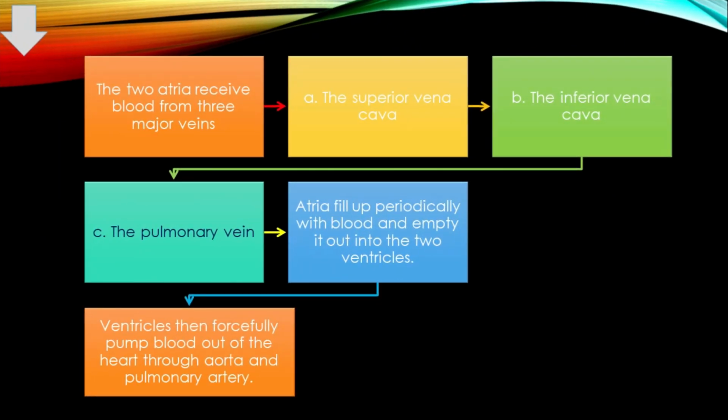The two atria receive blood from three major veins, the superior vena cava, the inferior vena cava, and the pulmonary vein. Atria fill up periodically with blood and empty it out into the two ventricles. Ventricles then forcefully pump blood out of the heart through aorta and pulmonary artery.